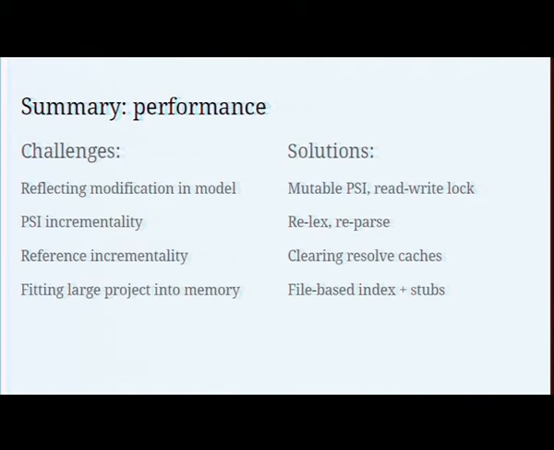And we looked at how we fail to update reference targets incrementally and clear all the resolve caches on each change. And then we've seen how we use indices, normal file-based indices, and especially stub indices to allow us to fit very large projects in not so large memory and to make things fast.